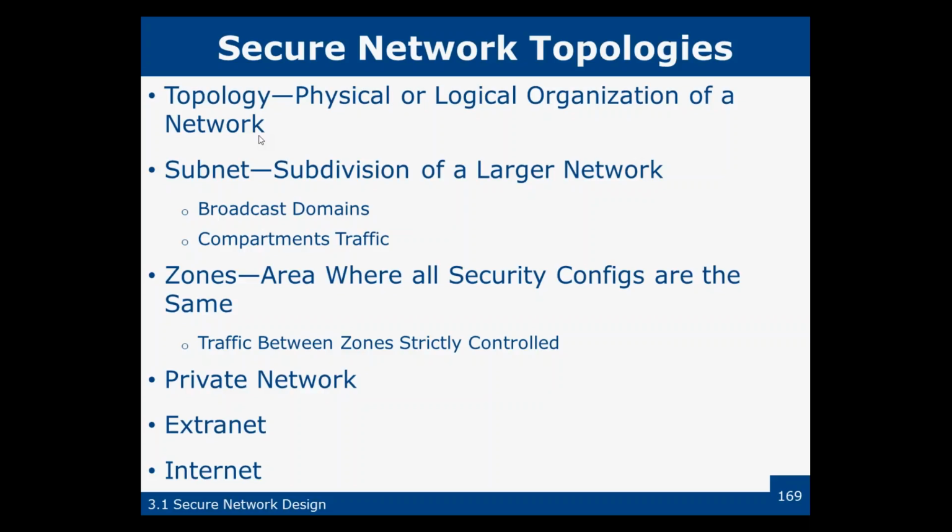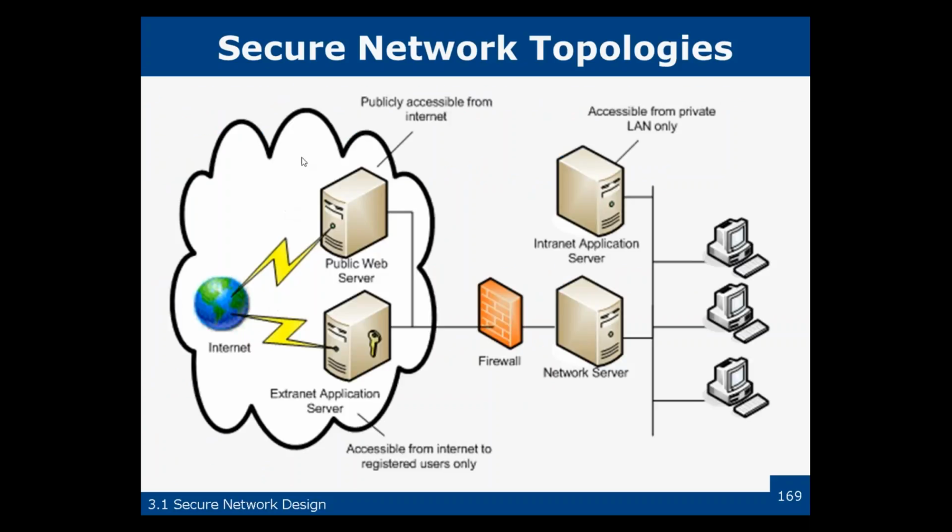It's the unprotected wild, wild west, where in some cases anything goes, but the internet is considered the unprotected network. The private network is the protected network. So we have a trusted network, the private network, and the internet is untrusted. Extranets, we establish a trust with somebody else. And then we're going to have a DMZ, which is going to be semi-trusted.